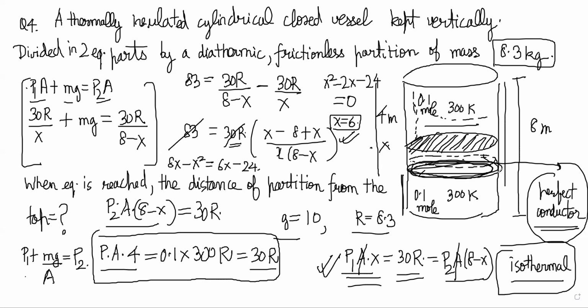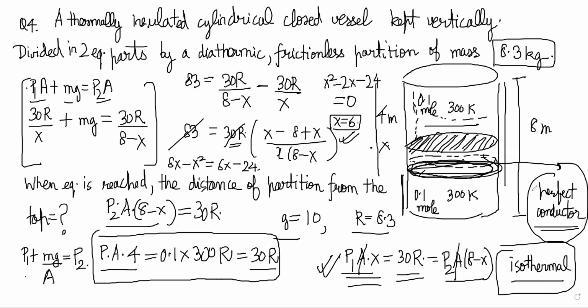So what was the concept here? The idea was you need to understand what a diathermic situation does. The diathermic wall is allowing perfect heat conduction, so the temperature cannot change for the two parts of the gases. Once that happens, it's an isothermal expansion and isothermal compression for both the parts, right?